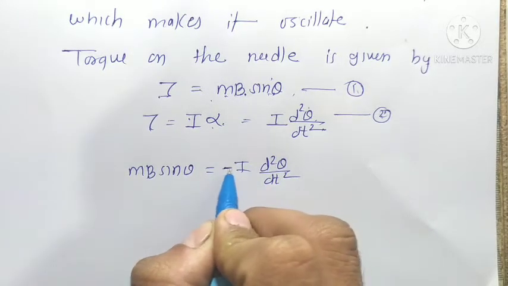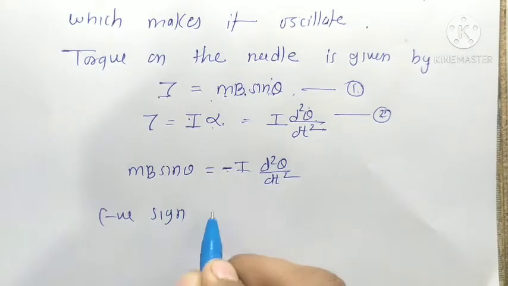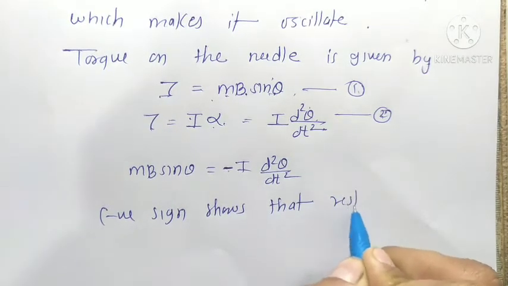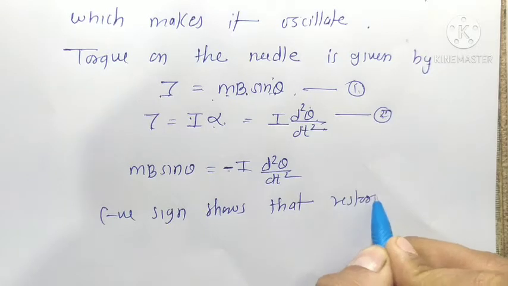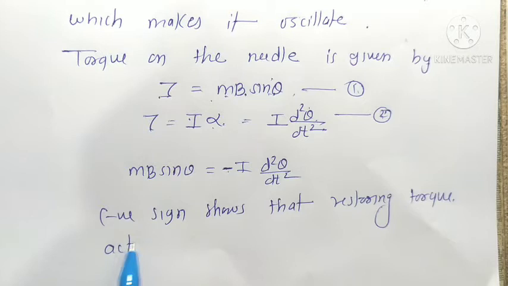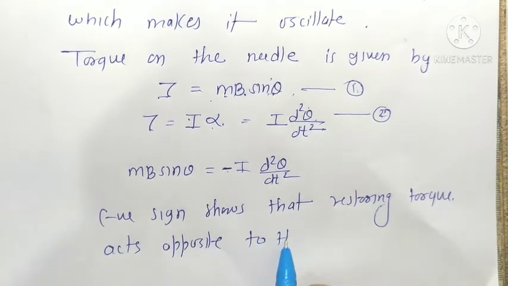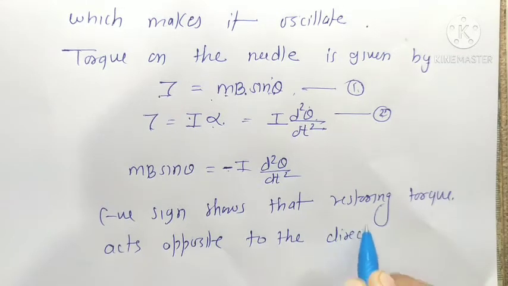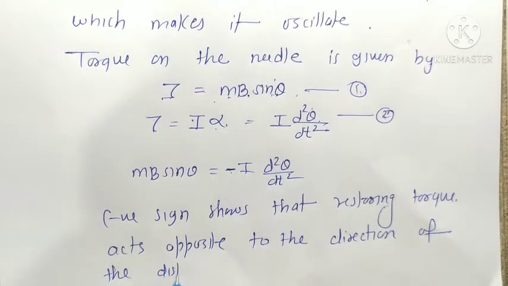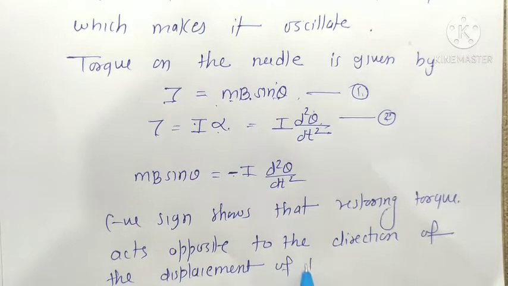The negative sign shows that the restoring torque acts opposite to the direction of the displacement of the needle.